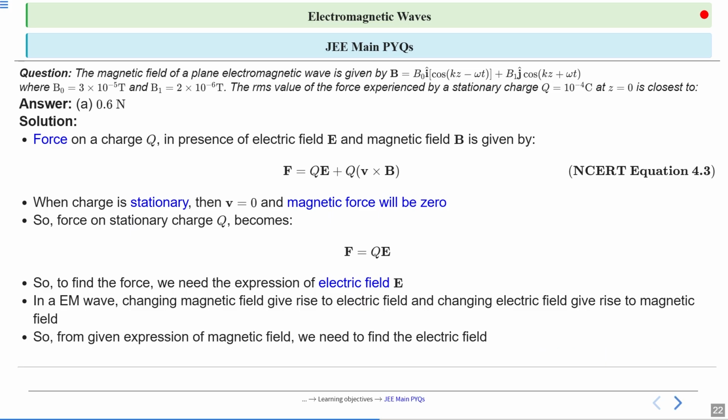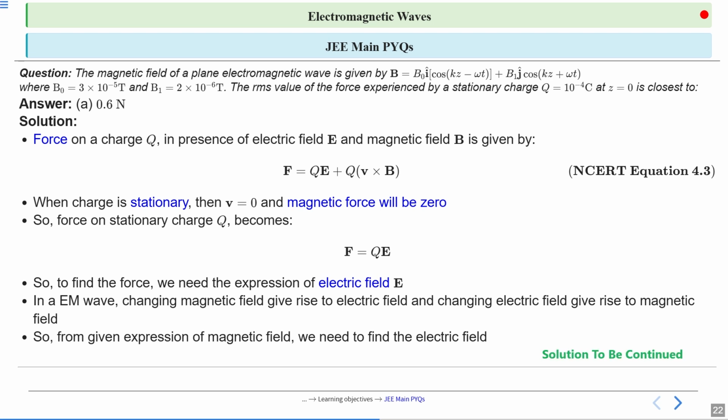So this formula that we are using is for the Lorentz force. We have discussed this formula in the moving charges and magnetism chapter, which is chapter 4 of class 12th. So F is the Lorentz force on any charge moving with velocity V in a region of both electric and magnetic fields, given by F equal to QE, that is the electric force, plus QV cross B. QE is the electric force experienced by that charge, and QV cross B is the magnetic force experienced by the charge moving with velocity V. So this combined force is the Lorentz force.